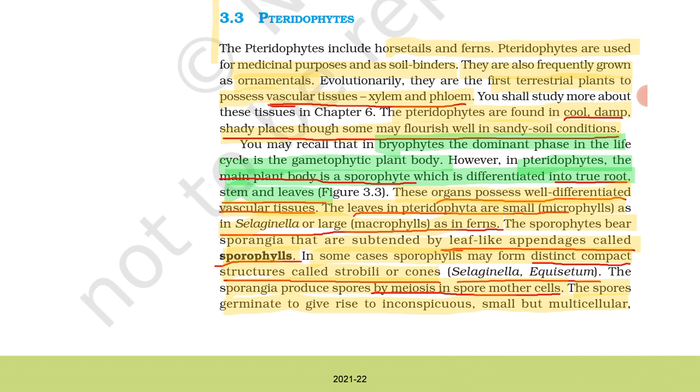The sporophytes bear sporangia that are subtended by leaf-like appendages called sporophylls.